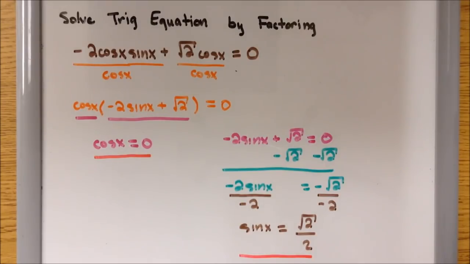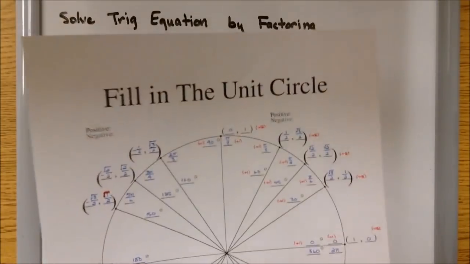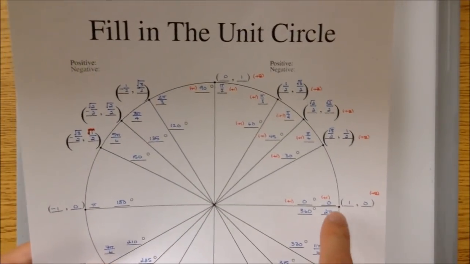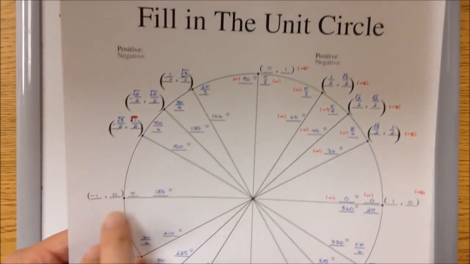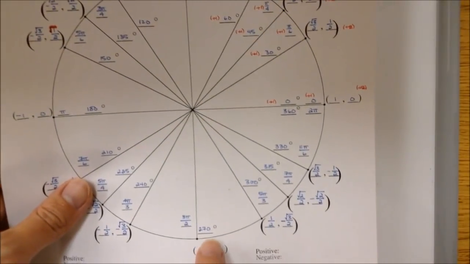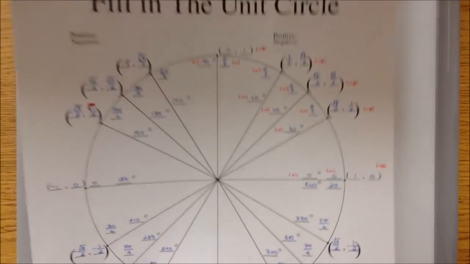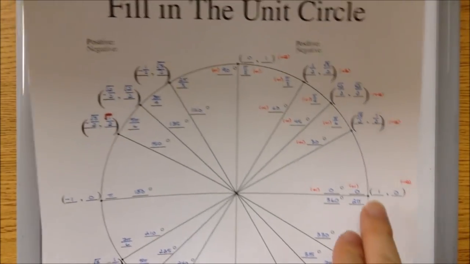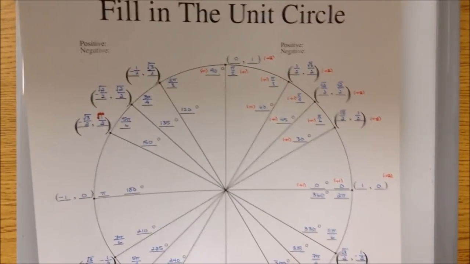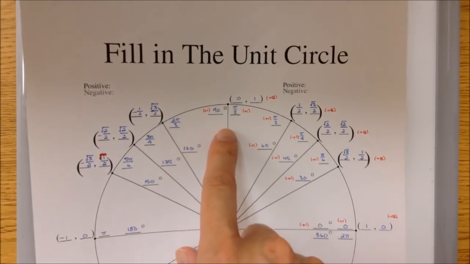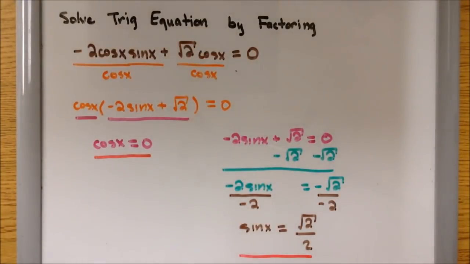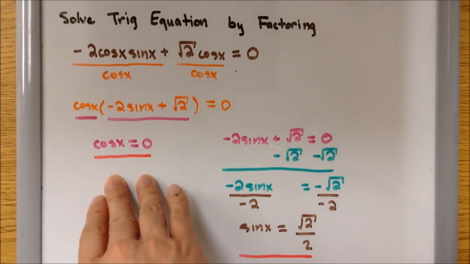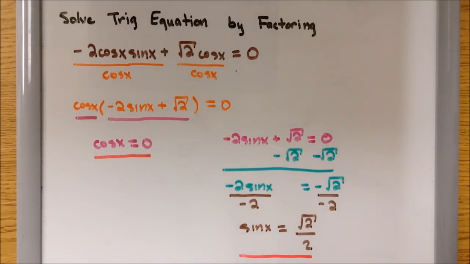So basically we look at the 0 or 360 degrees, 90 degrees, 180 degrees, and 270 degrees, and cosine has 0 at the left and right parts. So there's only two. There's one at 90 degrees, and then there's one at 270 degrees. So when cosine is equal to 0, it's going to be at 90 degrees.